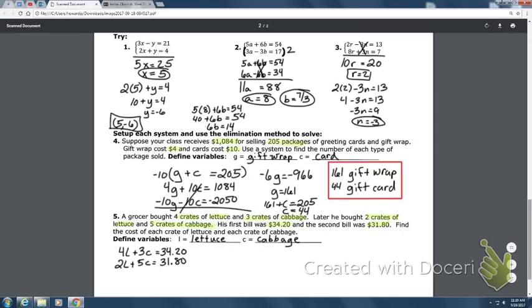So looking at the 2 different variables, Emily, which variable would you try to eliminate, the L or the C?